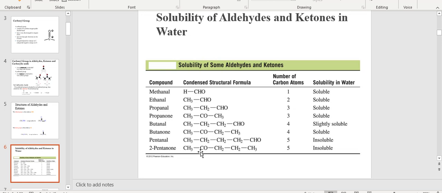This is a ketone with carbonyl group on the number 2, 5 carbons. Okay, 2-pentanone. Why is there a 2 there? Because there actually is another configuration with another number. Can you figure it out? It would be 3-pentanone, and you'll see there that insoluble. So solubility somewhere around 4 and 5 for these guys. That's where it tends to drop off.